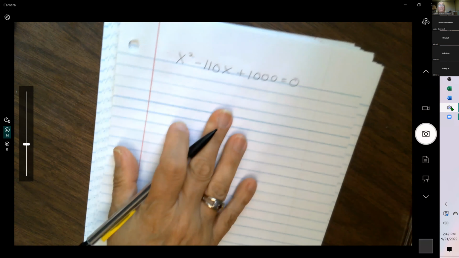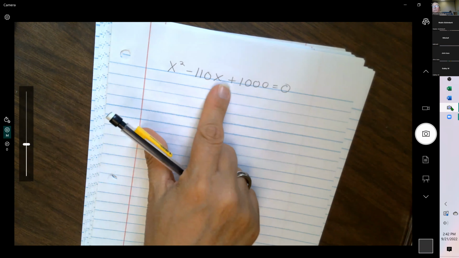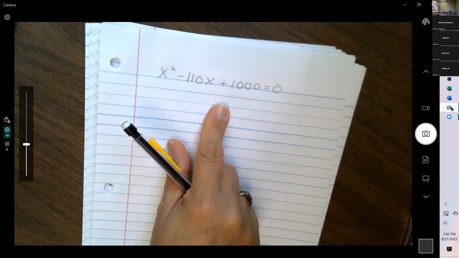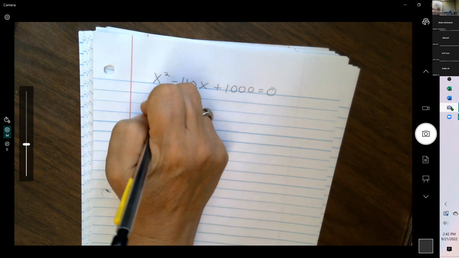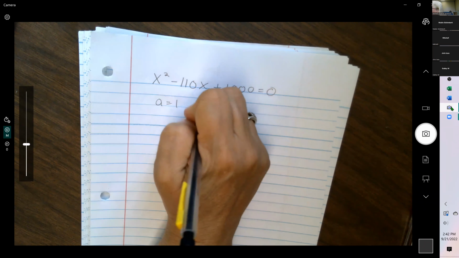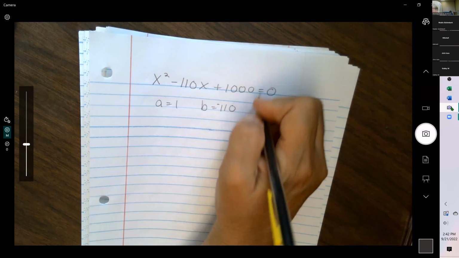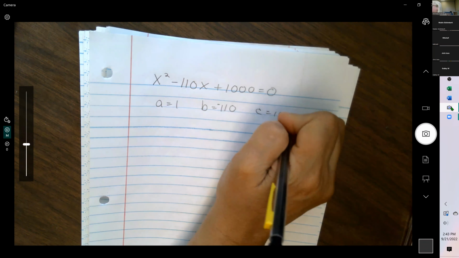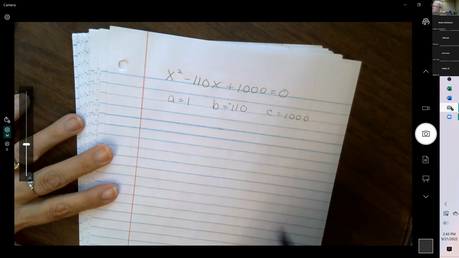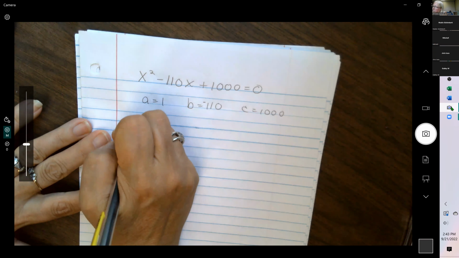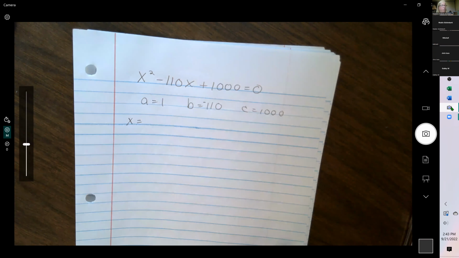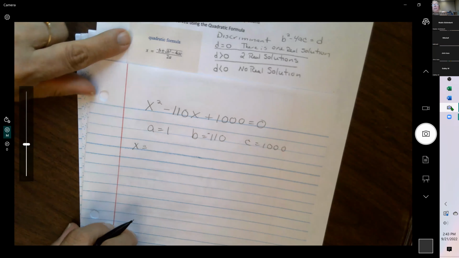Now, I still would have got rid of the -2 because my numbers are smaller. A is 1, B is -110, and C is 1,000. Quadratic formula is this.